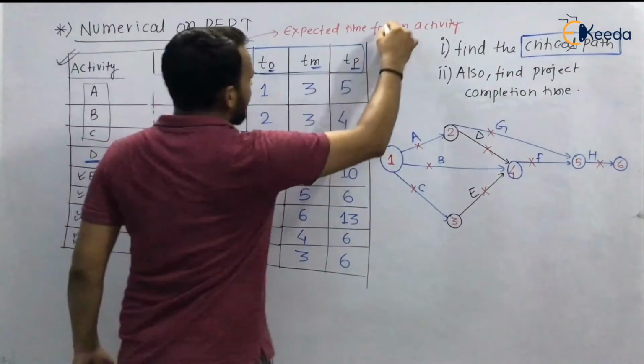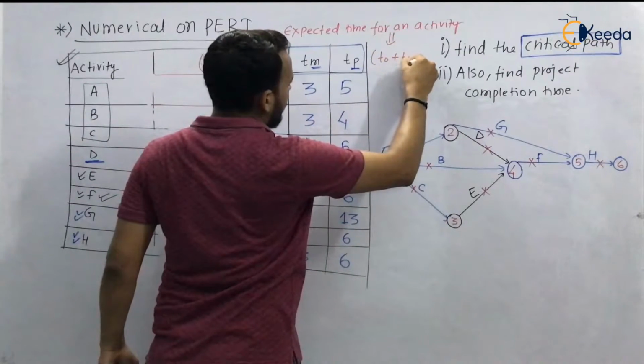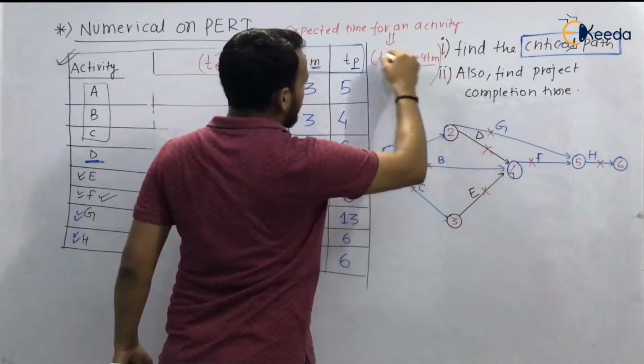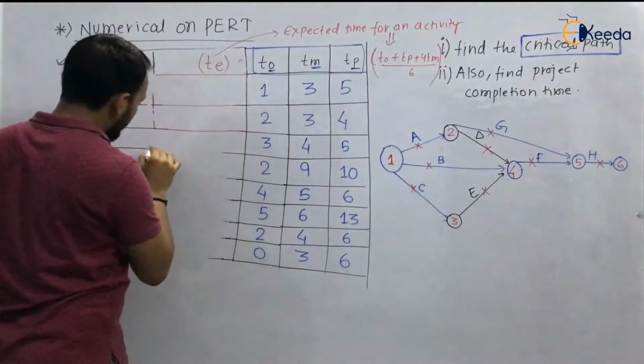The formula was (T naught plus Tp plus 4 Tm) divided by 6. Just apply this formula for each activity.